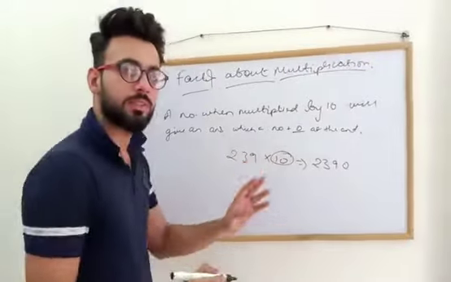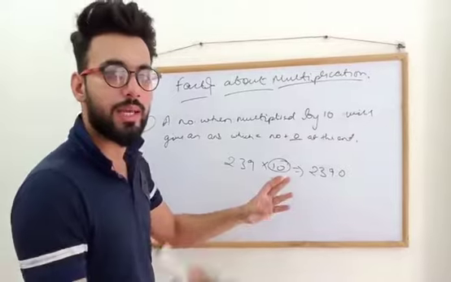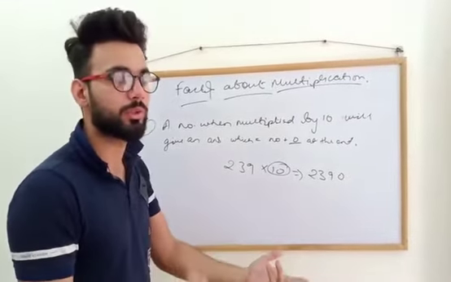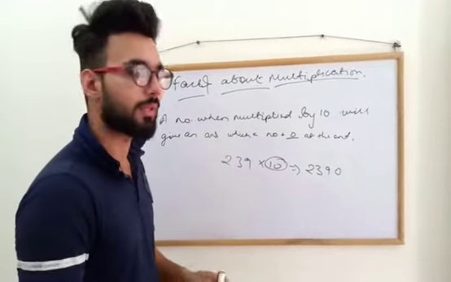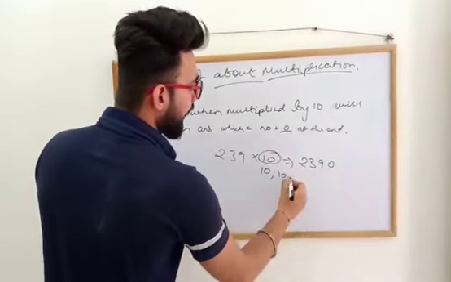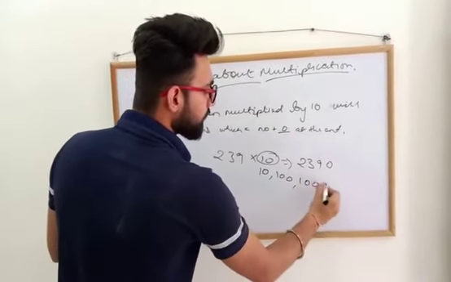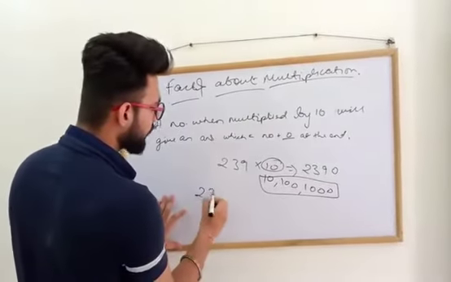I would say this is one very common thing which every student and every child used to be confused about. Sir, how can you multiply a number by 10 so easily? I always used to say to them, a number might be 10, 100 or 1000. These are the easiest numbers to multiply with. Let's say the number is 239 again.